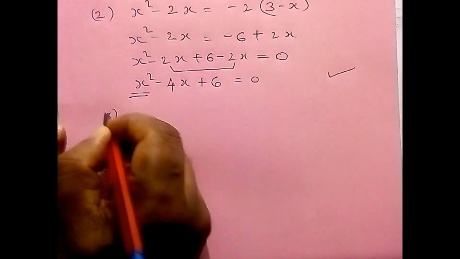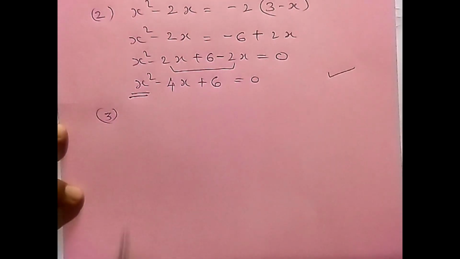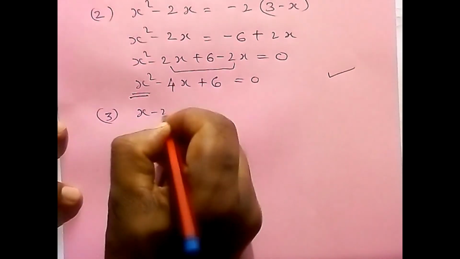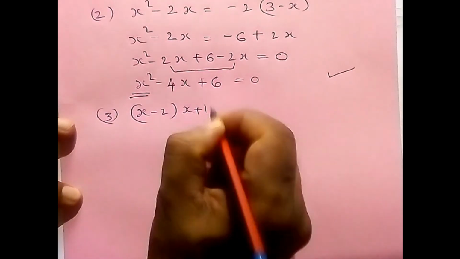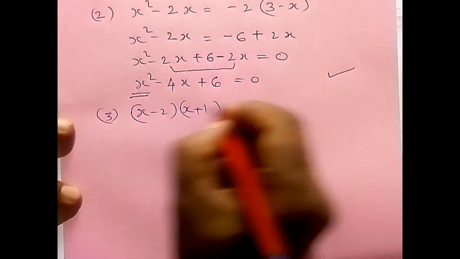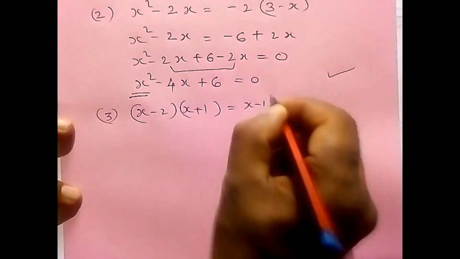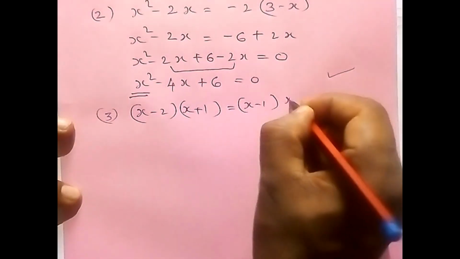Okay, third question. x minus 2 into x plus 1 equal to x minus 1 into x plus 3.